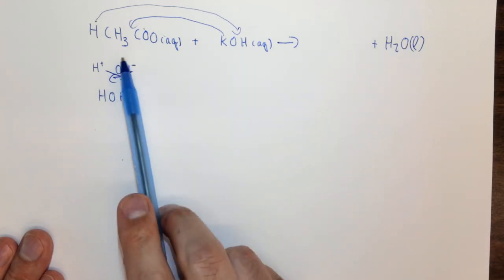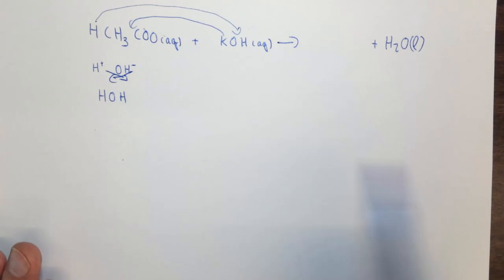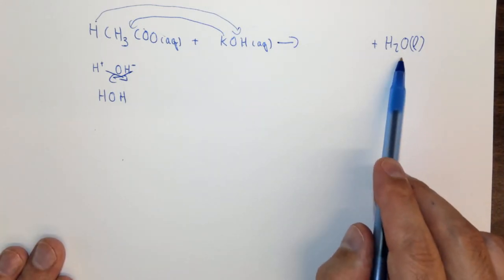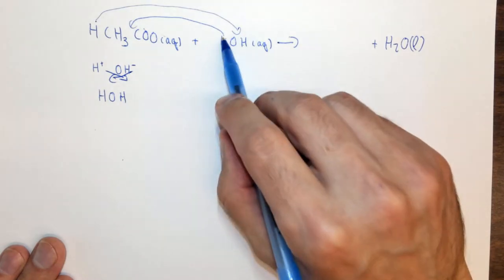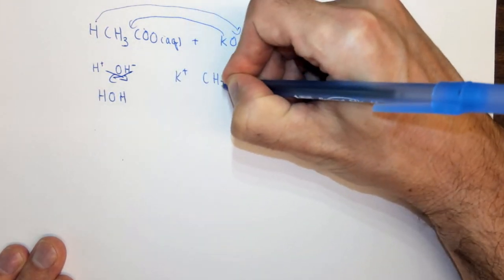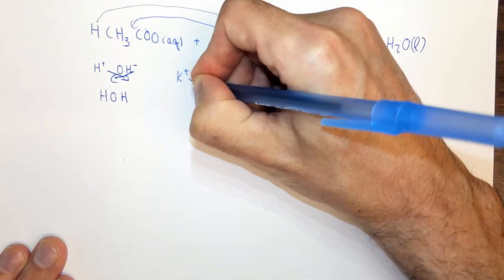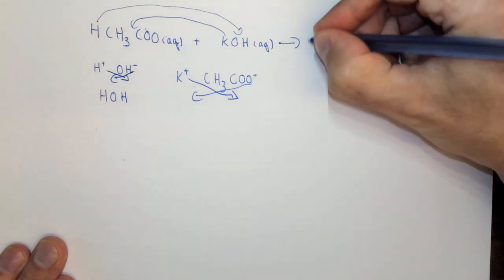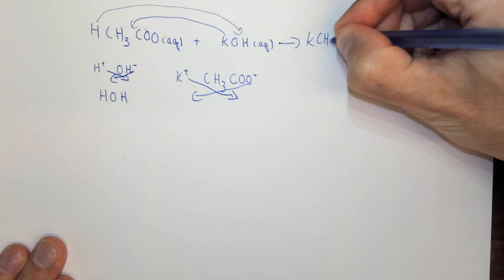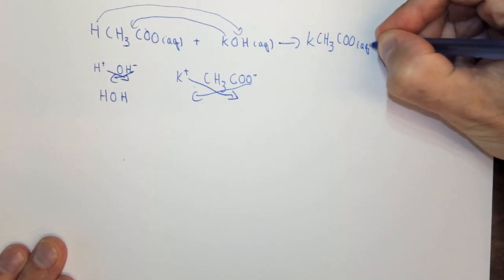In double displacement reactions, in order for them to occur, as we saw in the previous section where we formed a solid, we need to form something that's not aqueous. In this case, we formed water that's liquid. What do we have left? Well, we have K plus and CH3COO minus. Cross them, and we get KCH3COO, aqueous.